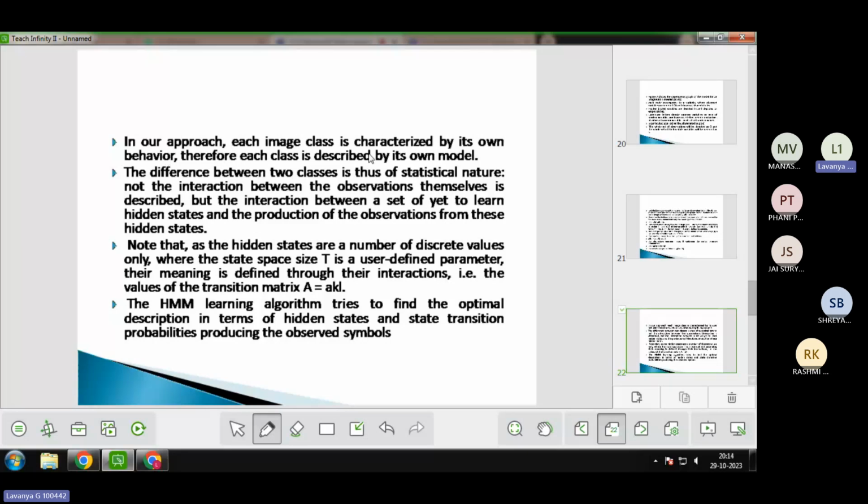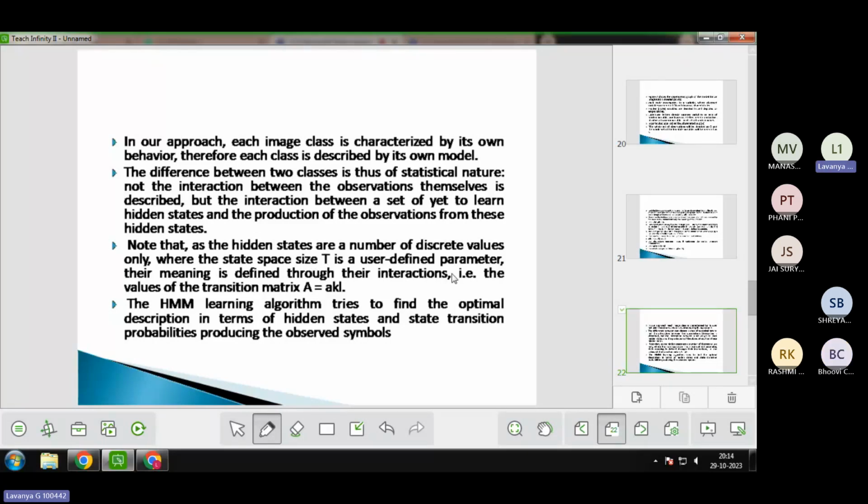Each image class is characterized by its own behavior. Therefore, each class is described by its own model. The difference between the two classes is of a statistical nature and not the interaction between the observations themselves. It is the interaction between the hidden states, to learn the hidden states and the production of the observation from the hidden state. That is what we did in Viterbi. Note that the hidden states are a number of discrete values where the state space size is t.